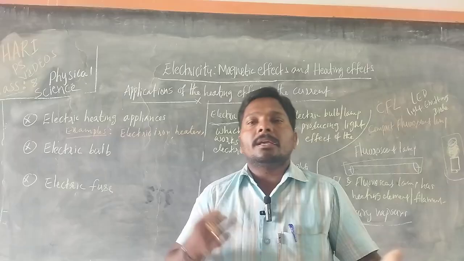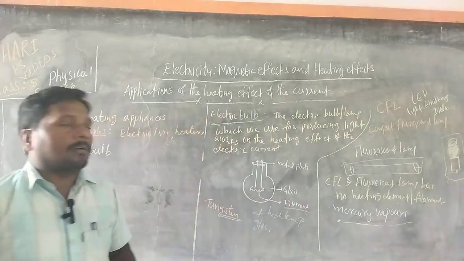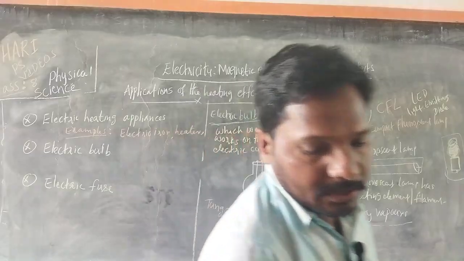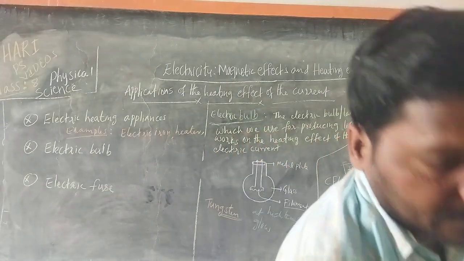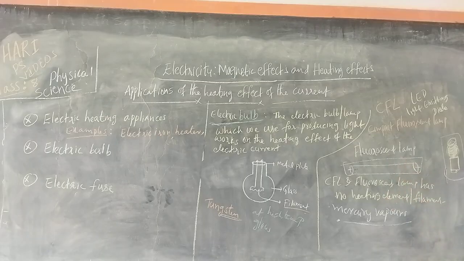That radiation gives us light. So this is about the electric bulb. This is the second application of the heating effect of electric current.